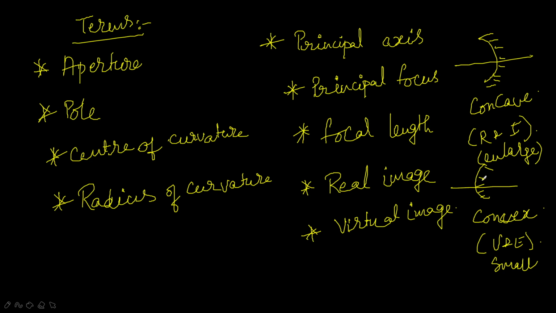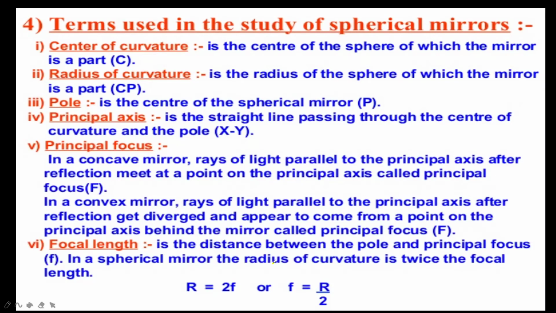That is convex. The spoon which is bulged outward can be taken as a convex mirror.